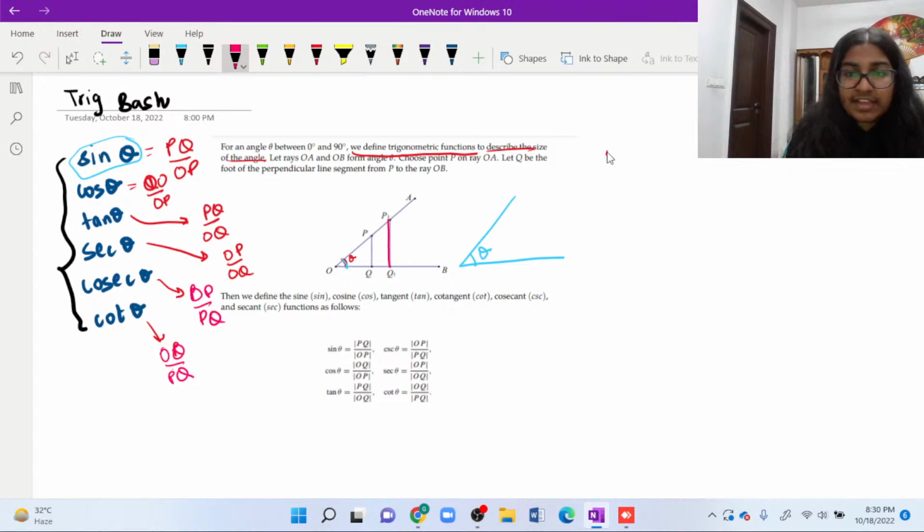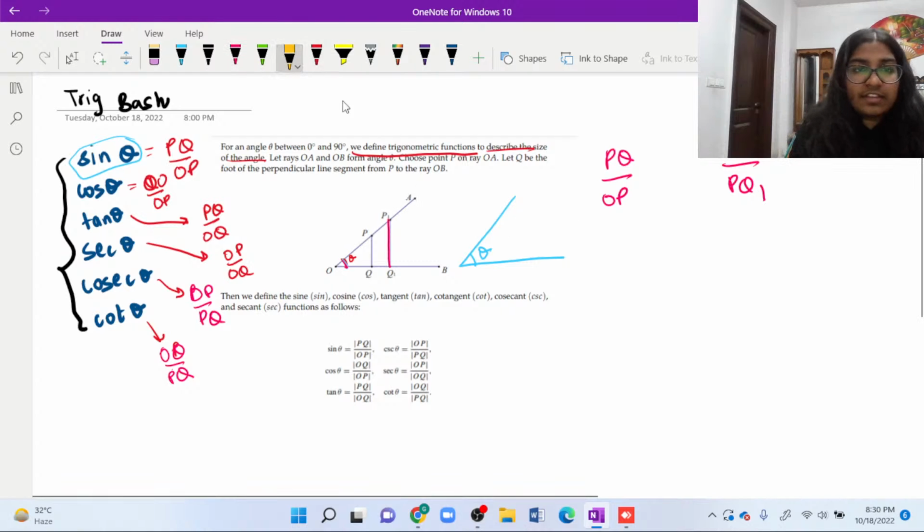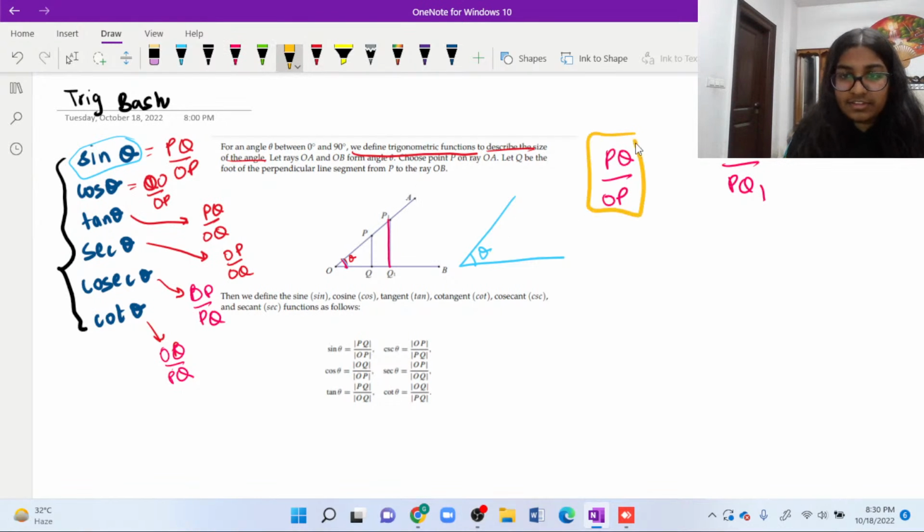So sine theta is PQ by OP here, and the other sine theta is P1Q1 by OP1. And we can see by similarity that these two must be equal, clearly, because the angle is the same and these are parallel. So these two are equal, so it's easy to say that the ratios are well defined.